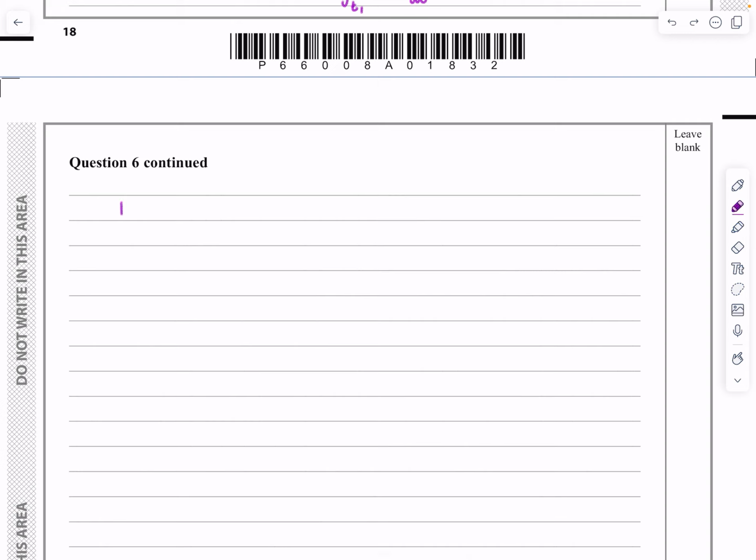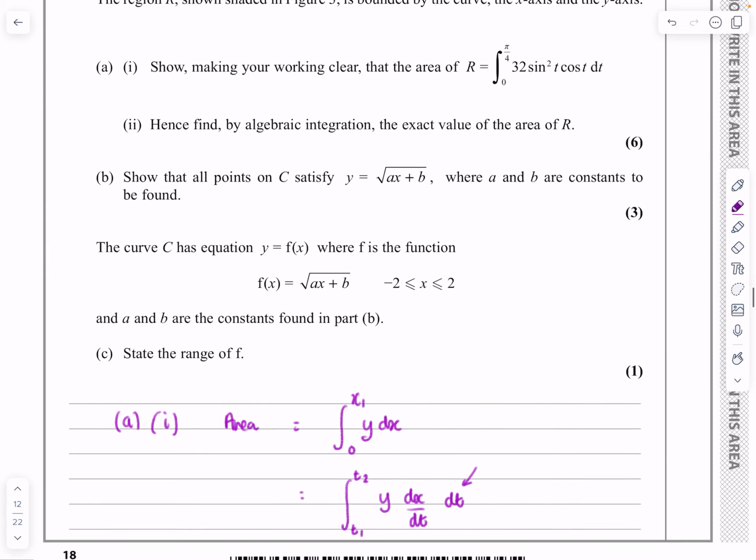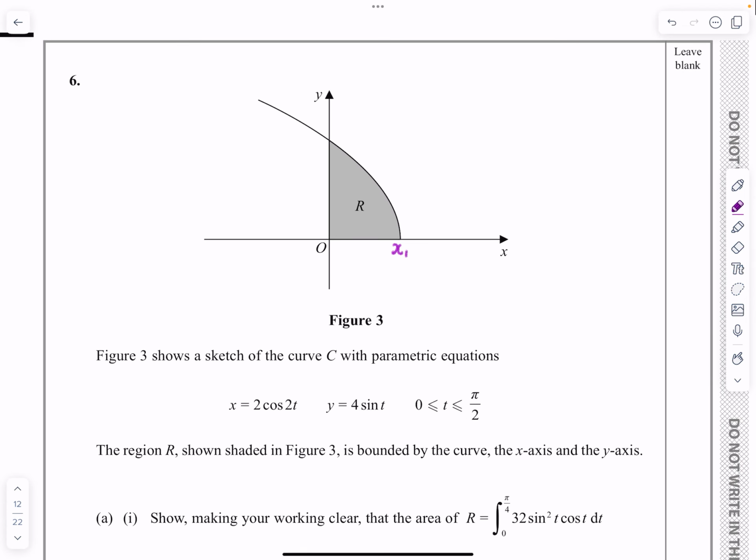There's lots of different ways we can do this. I'm going to say limits, and because I've labelled it like this, I can say, right, okay, for t2. So t2 is going to be that value there, and I know it's when x equals x1, that's no good to me. I know that's when y equals 0.